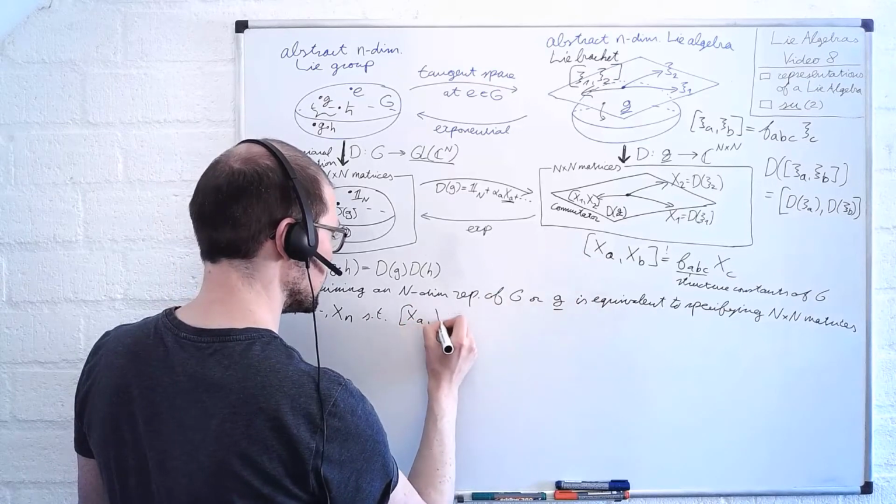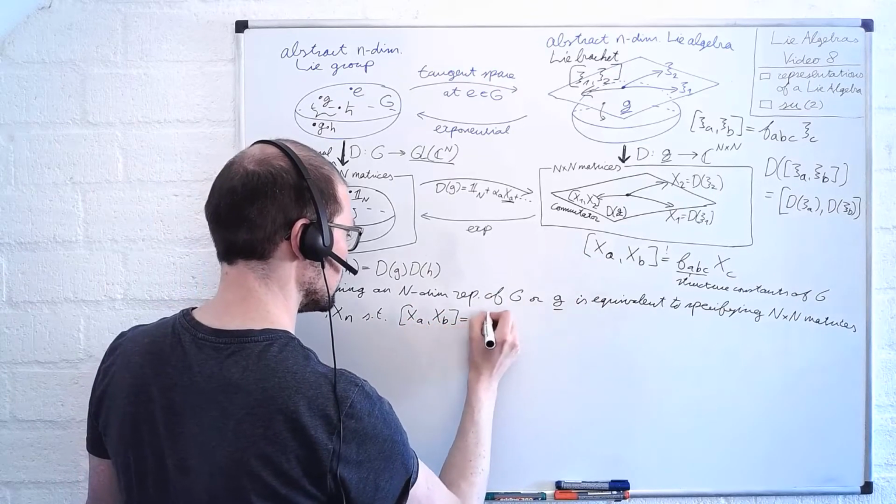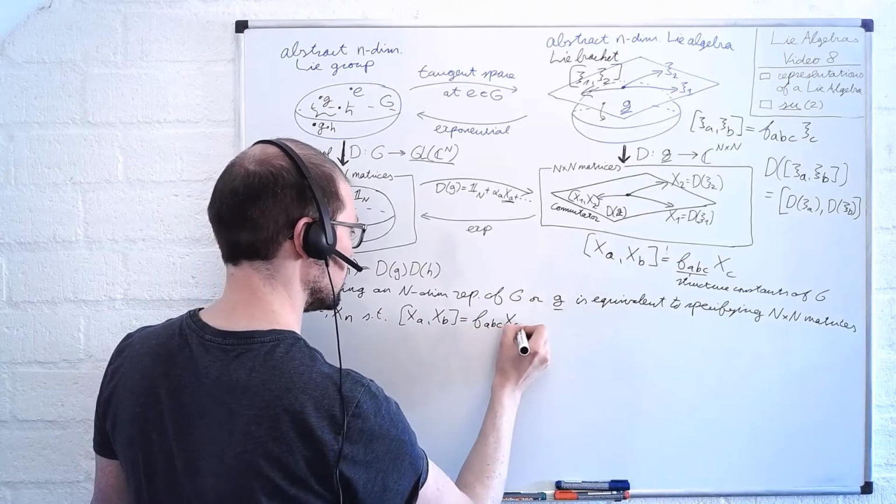So let me copy it again. X_A X_B commutator is f_ABC X_C.